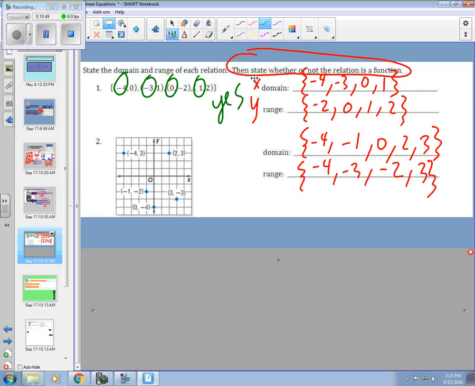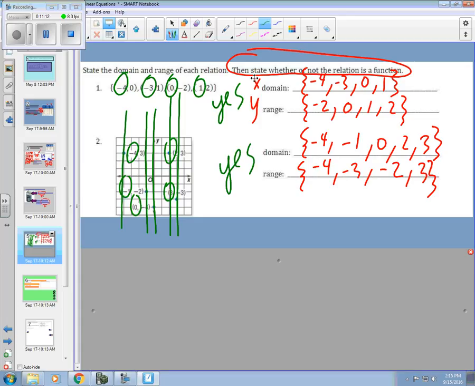I believe so here. None of these x values were the same. And so this one should be a function. We could also look by the vertical line test. We draw vertical lines. Do any of these vertical lines through these points pass through another point? Nope. And so yes, this one would also be a function. Now some of you might have thought for the second one, no, because we got 2 3s here. It's okay to have 3 pop up twice. Just can't be our domain value. You can have the same range value, just can't have the same domain value.